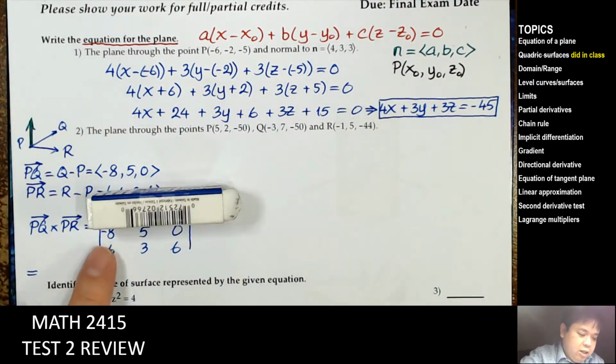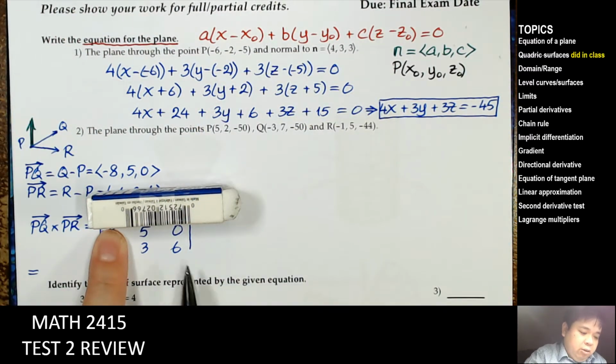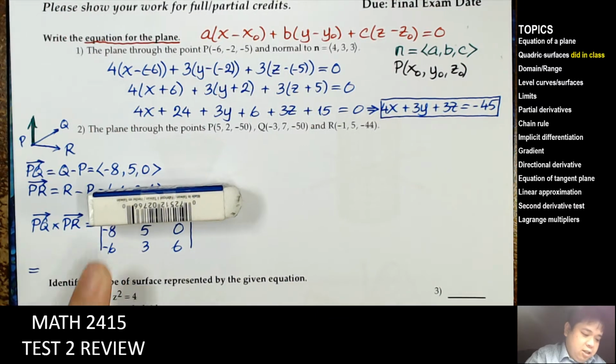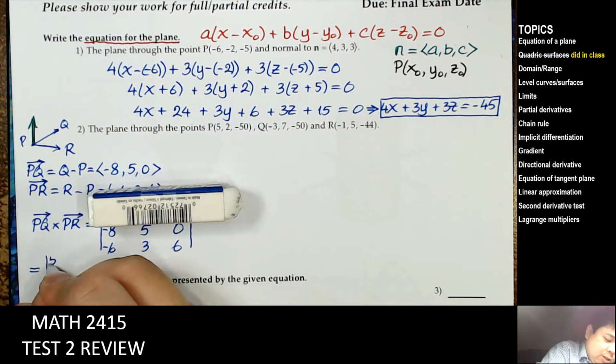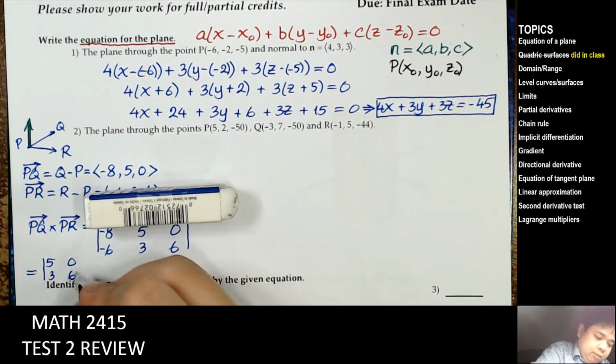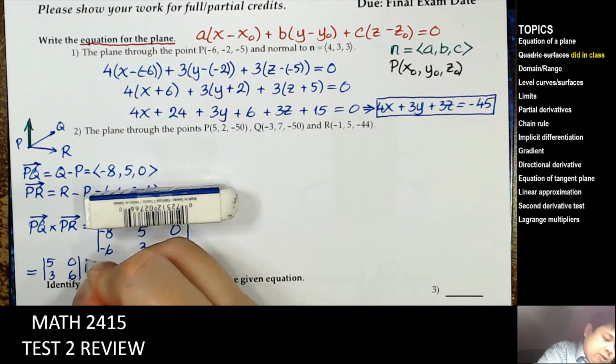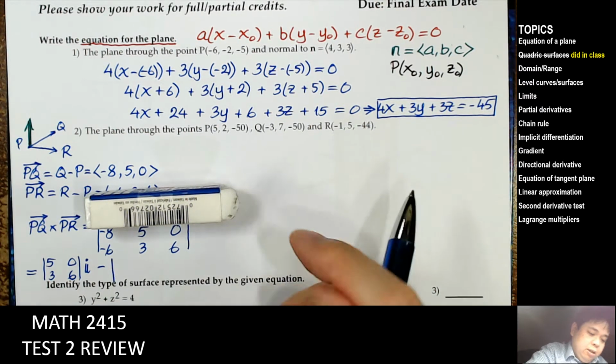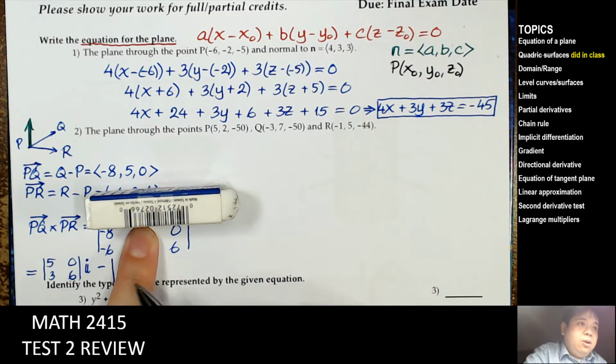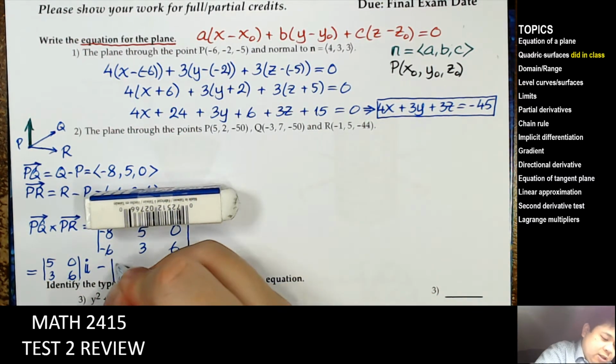The first one is 5, 0, 3, and 6. And then negative of 8, 0, negative 6, and 6.